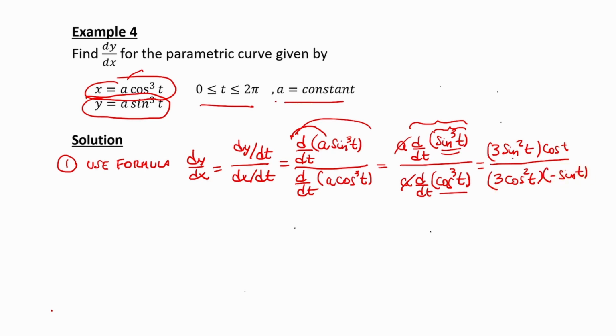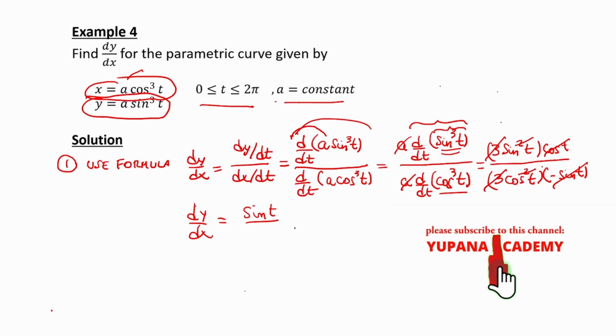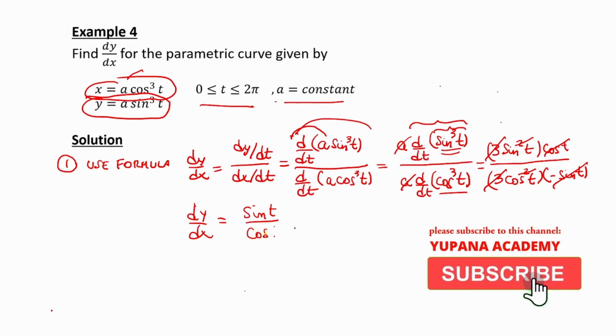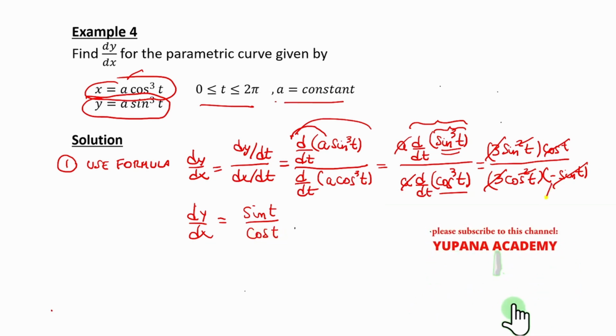Now we cancel common factors: 3 on the denominator, 1 cosine on the numerator, and then 1 cosine on the denominator. 1 sine factor on the denominator, and 1 sine factor on the numerator. So we have dy/dx equals sine of t that is left, over cosine of t on the denominator, and then the negative sign which stays, that doesn't cancel.